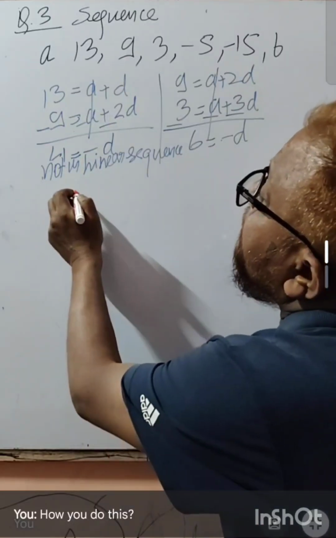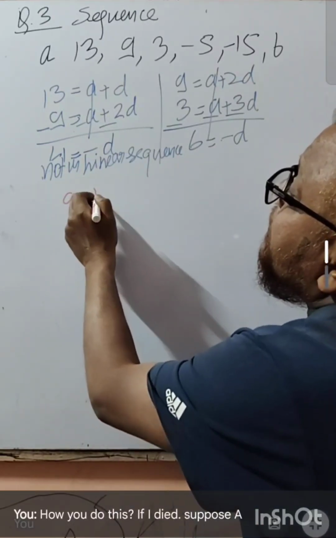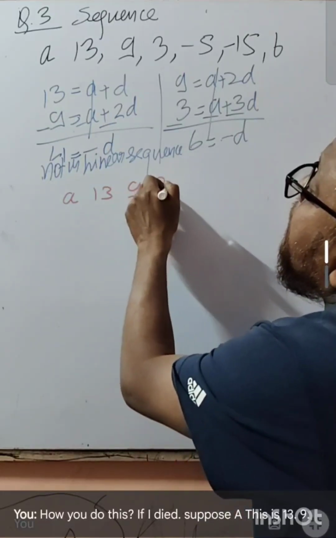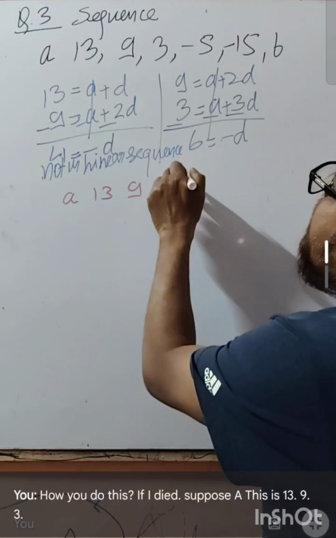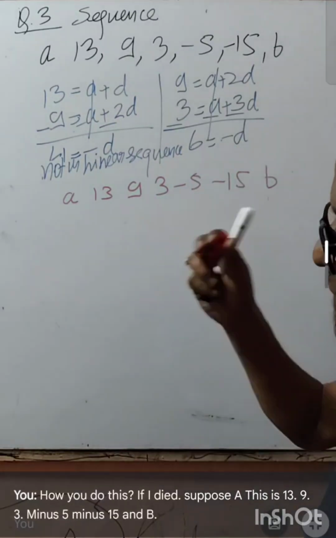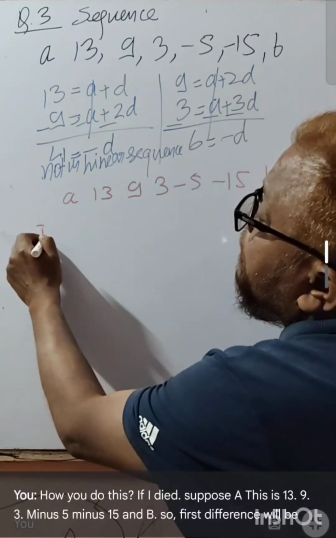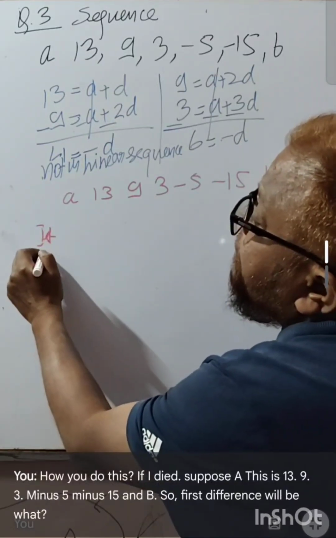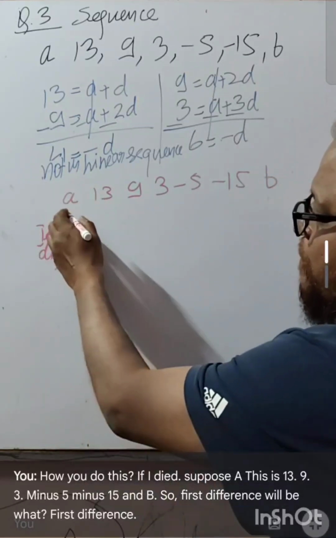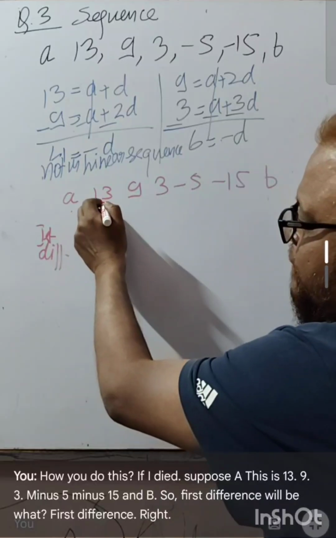Suppose A, this is 13, 9, 3, minus 5, minus 15, and B. So the first difference will be what? Forget about this for now.